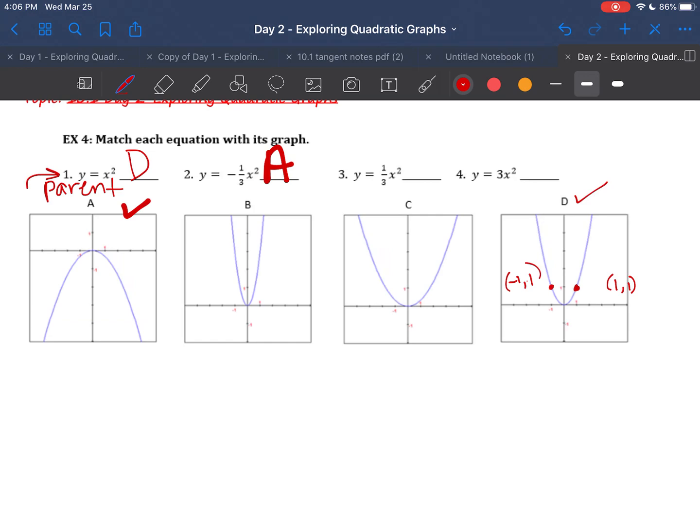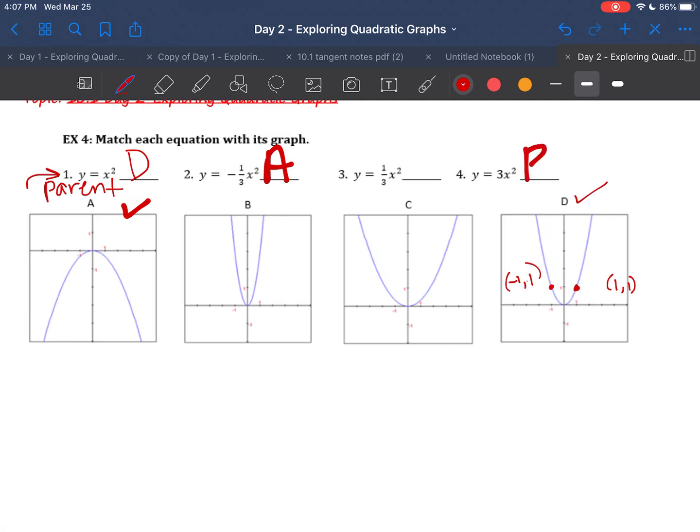So I am now left with B and C. They both open up, which matches positive and positive, but one is much more narrow, one is wide. So you have to ask yourself, does the 3 produce a narrow or a wide parabola? If you do not remember, you can go back to that first section of notes: the larger the absolute value, the skinnier it's going to get.